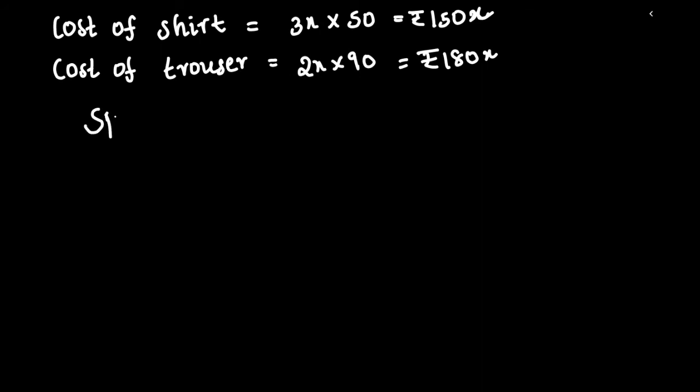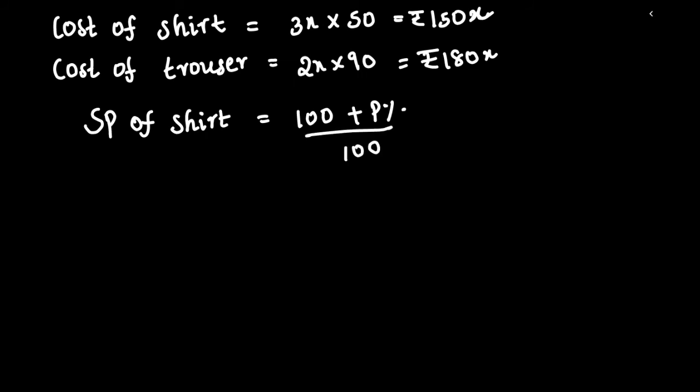Now first we are going to find the selling price of shirt. The formula is SP equals (100 plus profit percentage) by 100 into CP. For shirt, the profit percentage is 12%, so it is (100 plus 12) by 100 into CP.